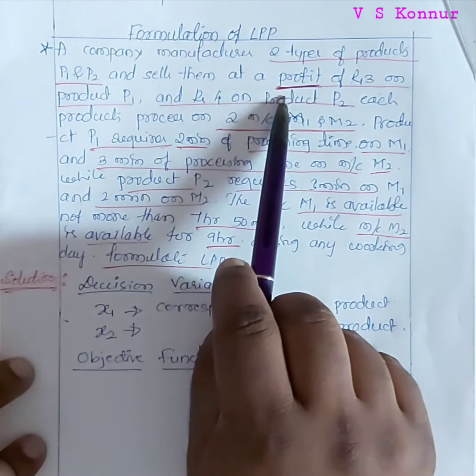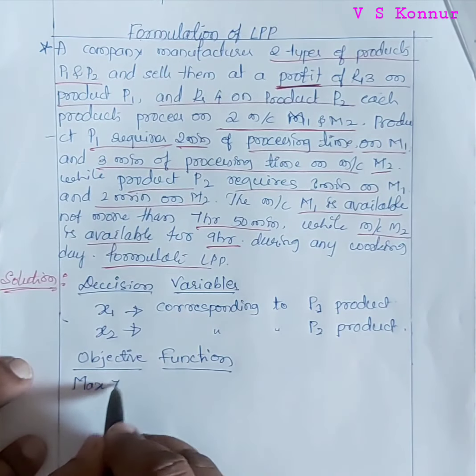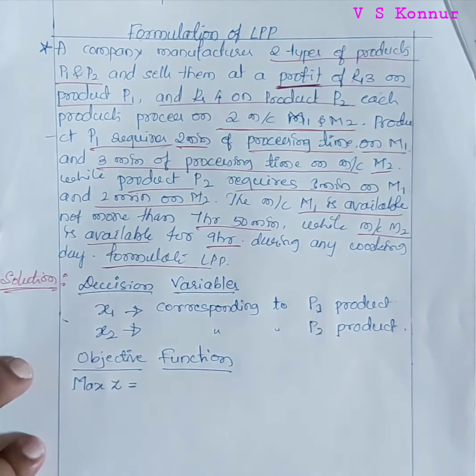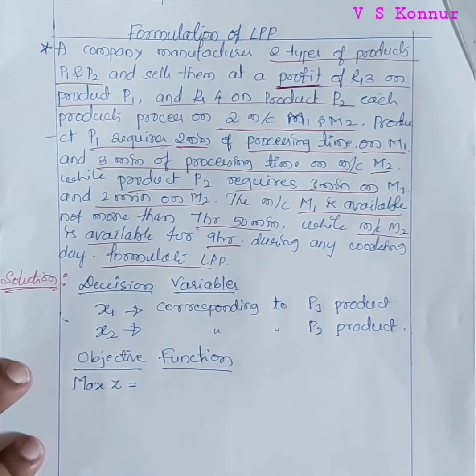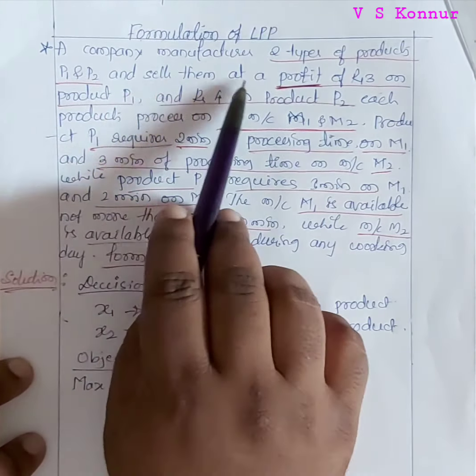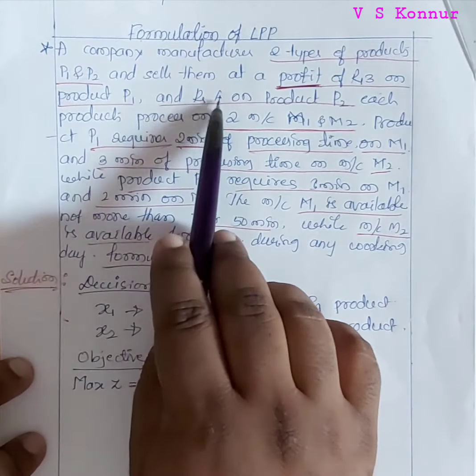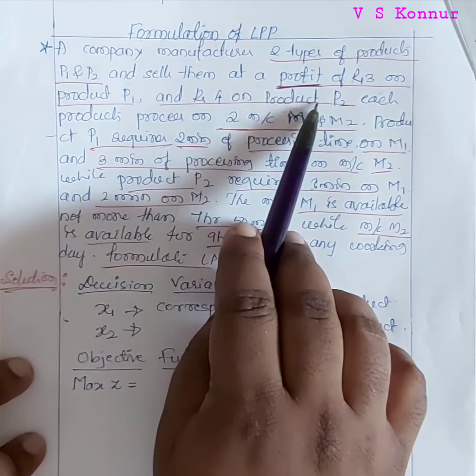If it is a profit based problem, then you have to define it as maximization, you write max of z equal to. Then you have to find how much profit you obtain in the problem by selling P1 and P2, at a profit of rupees 3 on product P1 and rupees 4 on product P2. This will become the objective function.